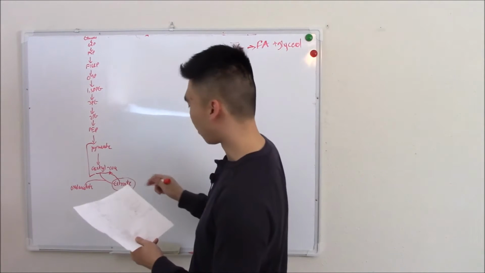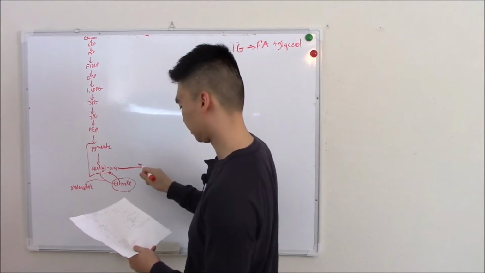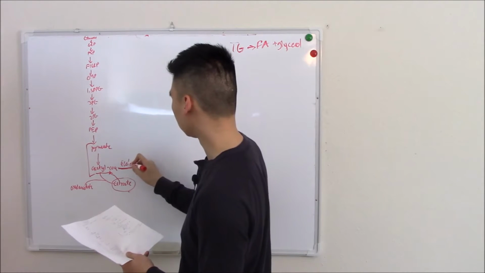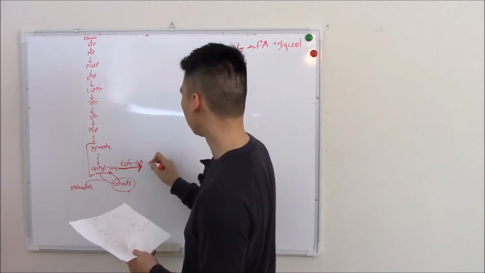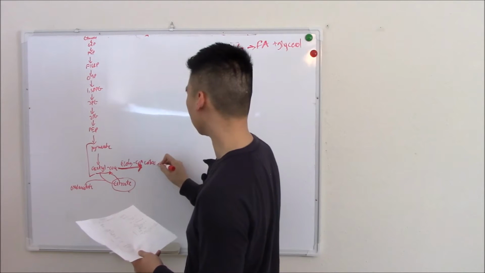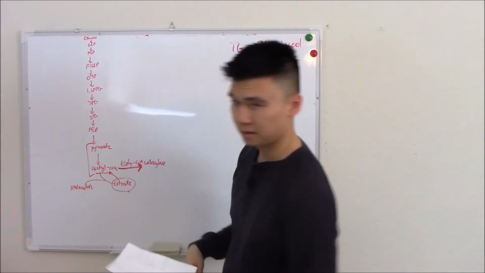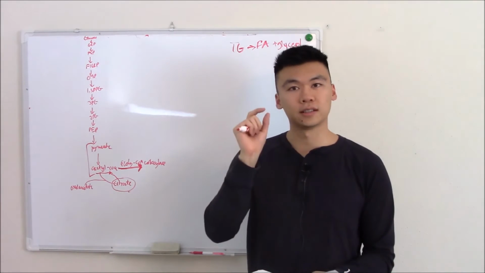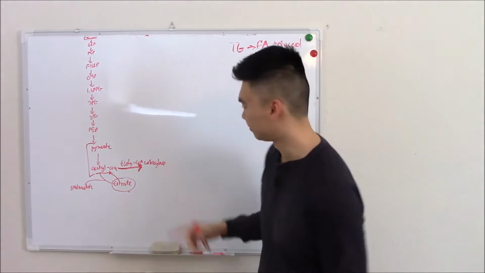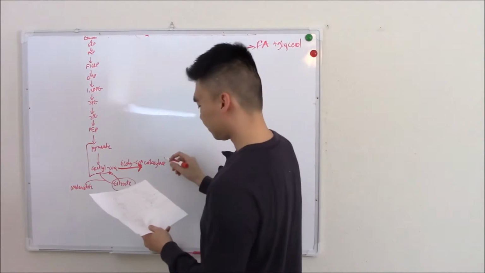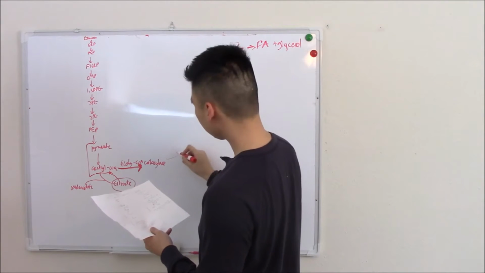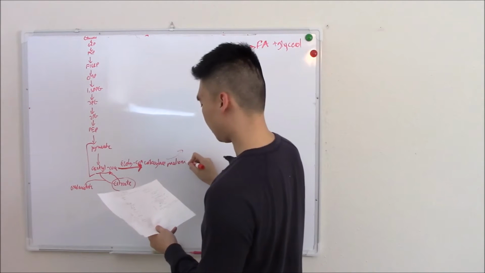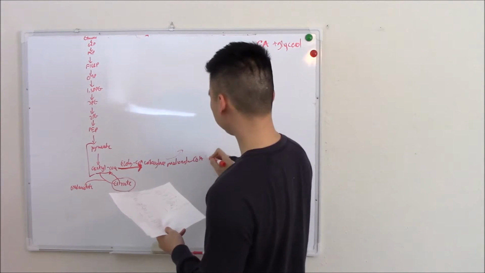And from acetyl-CoA, it gets worked on by acetyl-CoA carboxylase. What do carboxylases do? Move carboxyl groups around with a friend. That friend is biotin, correct? That becomes malonyl-CoA.